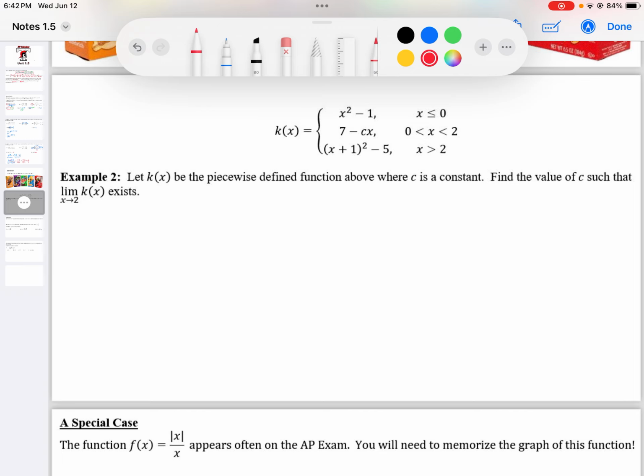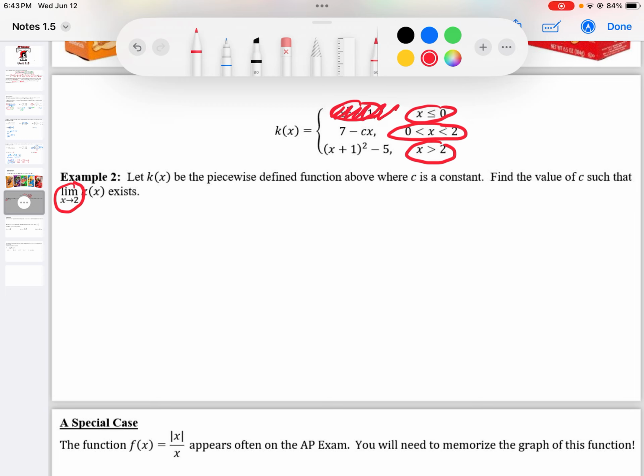So if I'm thinking about it, as x approaches 2, this is from the right. And then this would be from the left. And then anything below 0 is looking like this. So it's all about where the limit as x approaches 2.